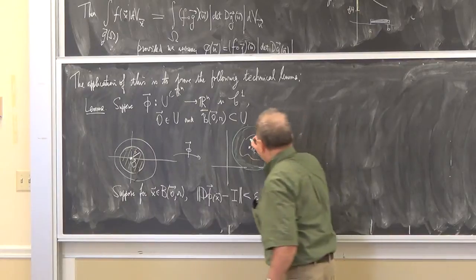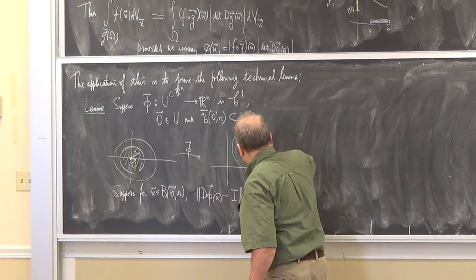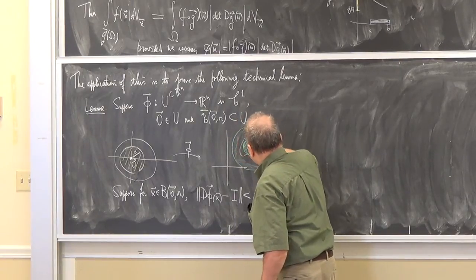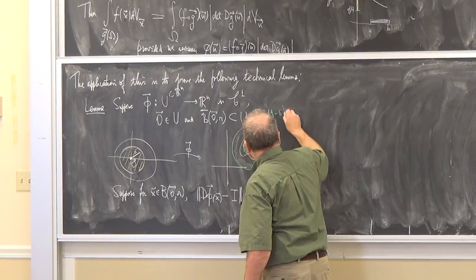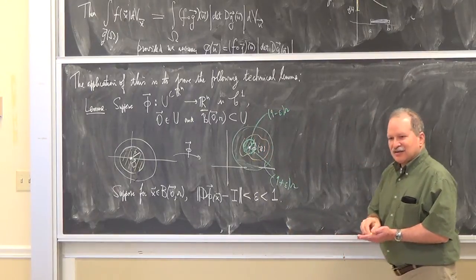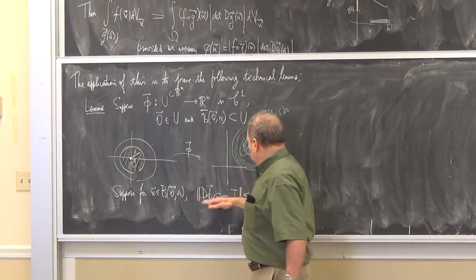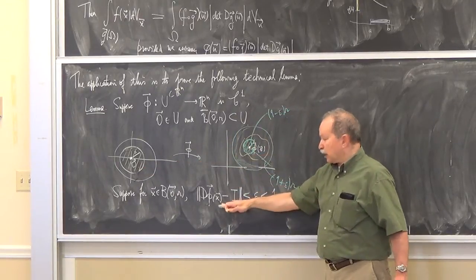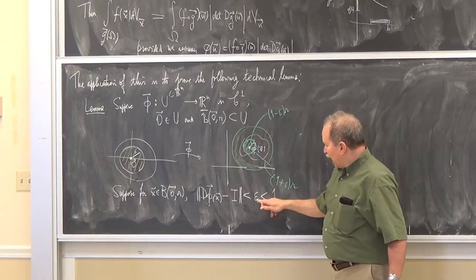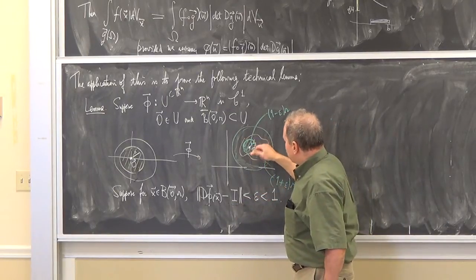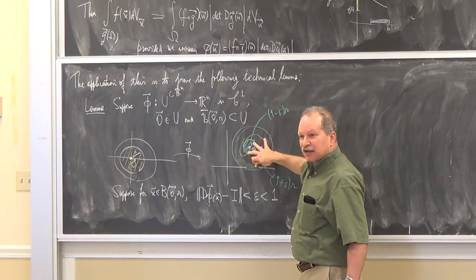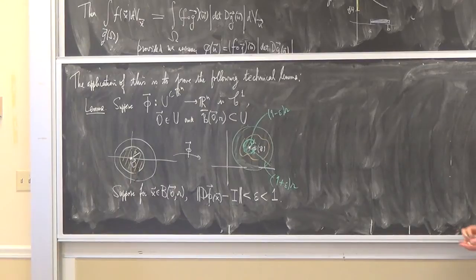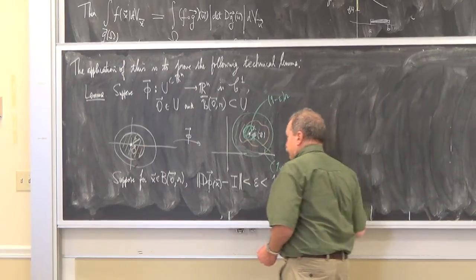It actually has to contain a ball centered at the point, want to guess, of what radius? Yep, 1 minus epsilon. So if it were the identity on the nose, it would just map to a ball of radius r. But if the derivative is very close to the identity, that epsilon is telling you that you have to trap a ball of slightly smaller radius and be trapped inside a ball of slightly larger radius. So that's the statement of the lemma.